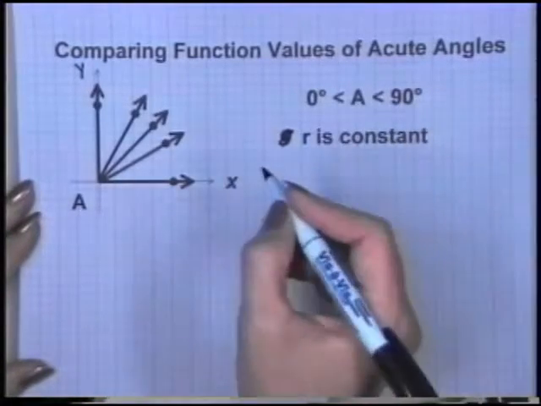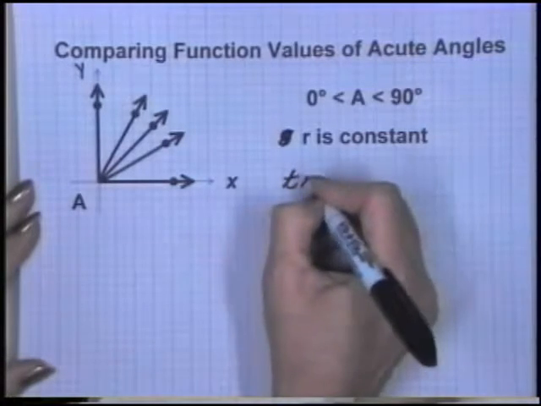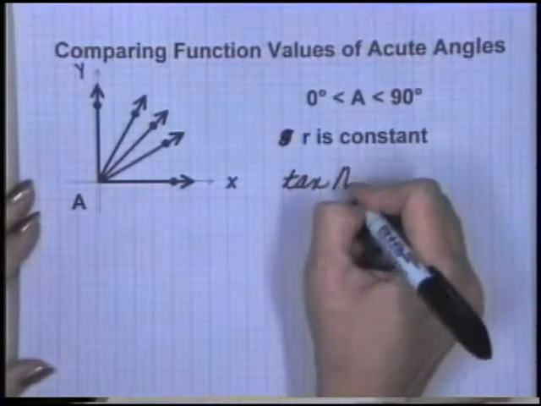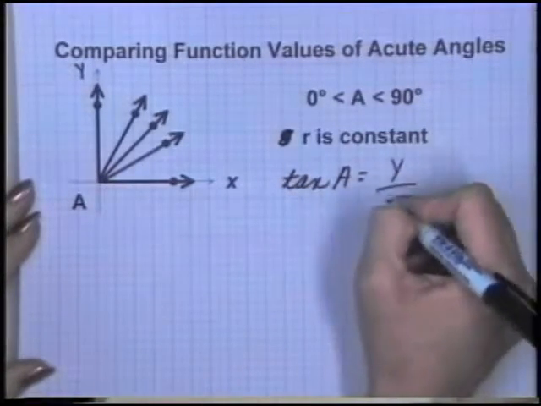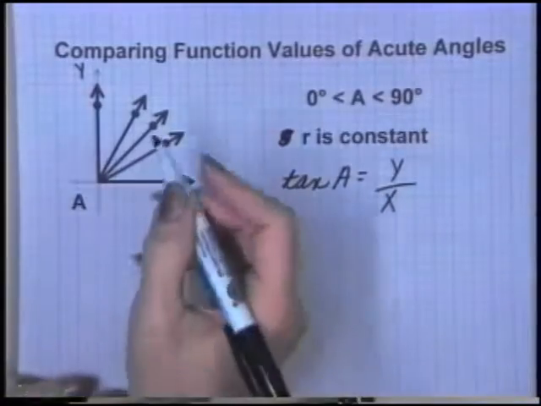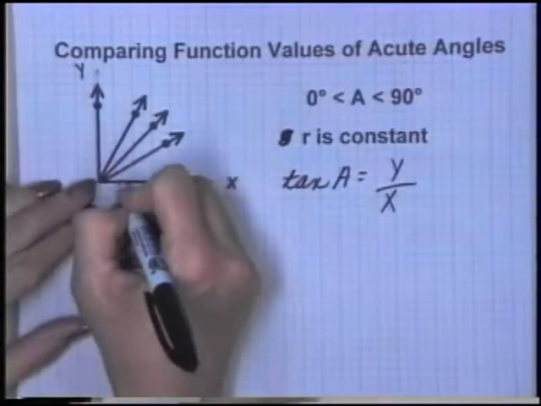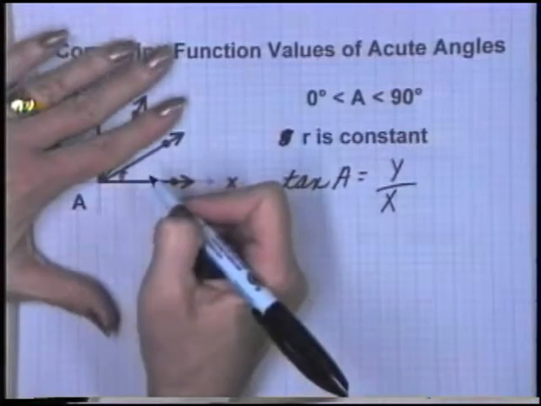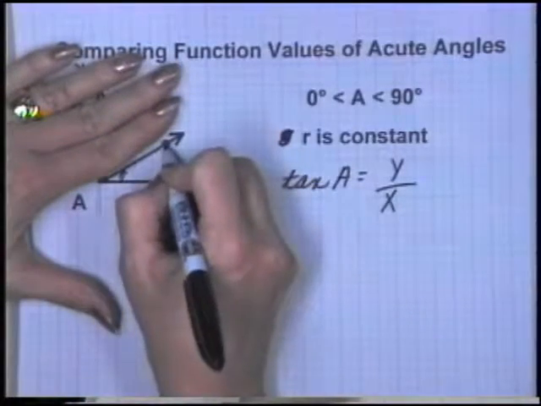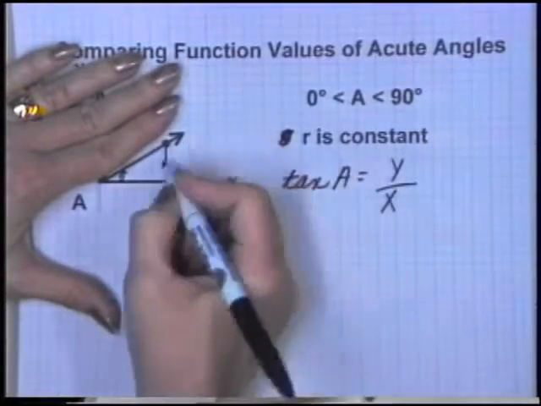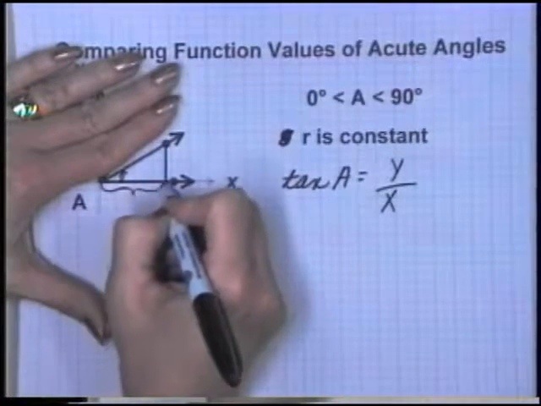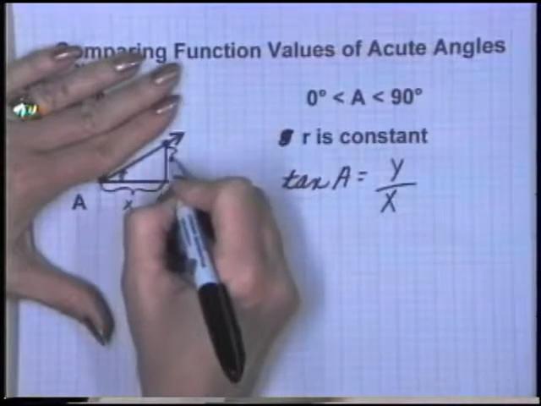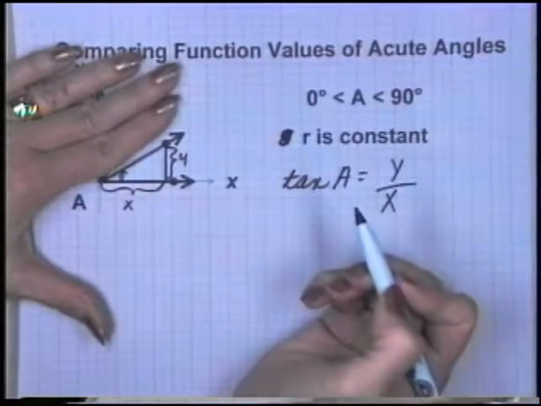Now, R still is constant. The tangent equals y divided by x, and so let's look and see what happens. First, I'll let this be my angle A. There's my x.